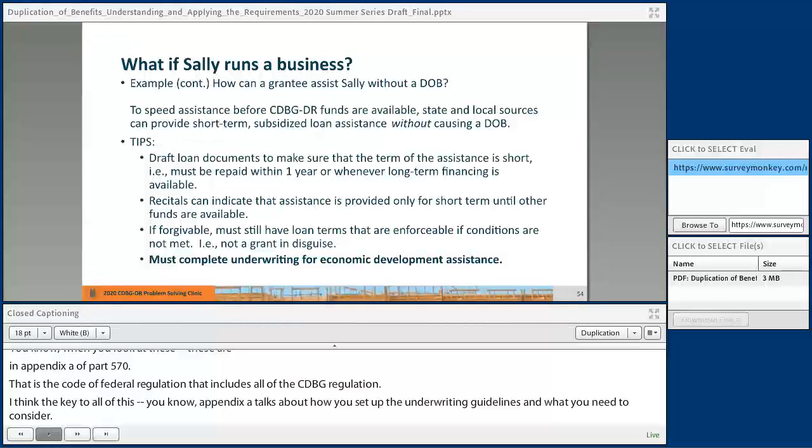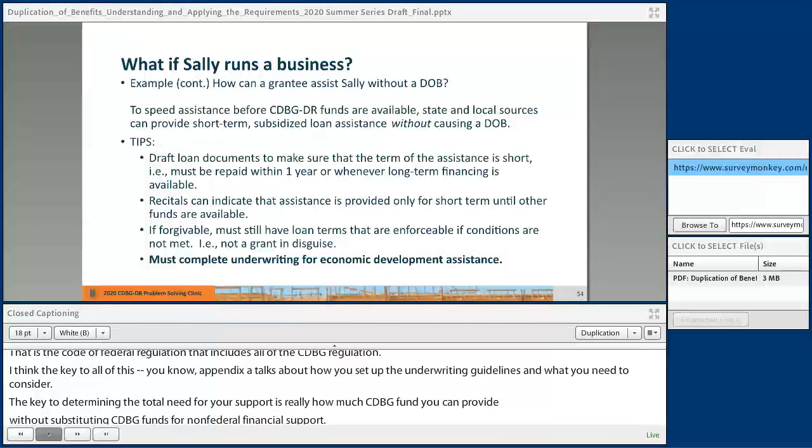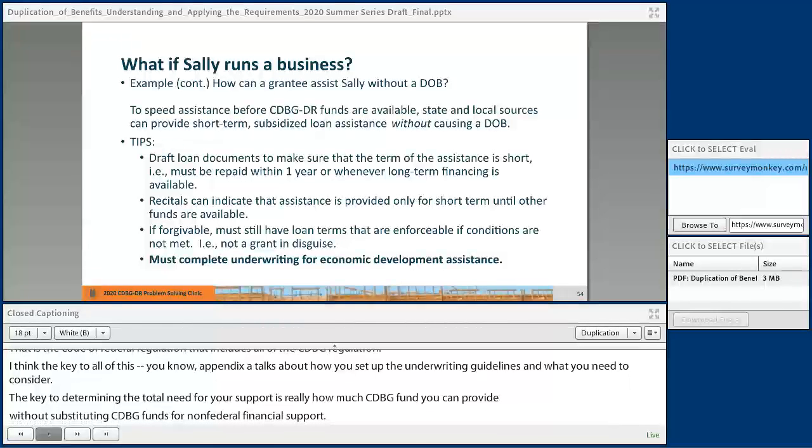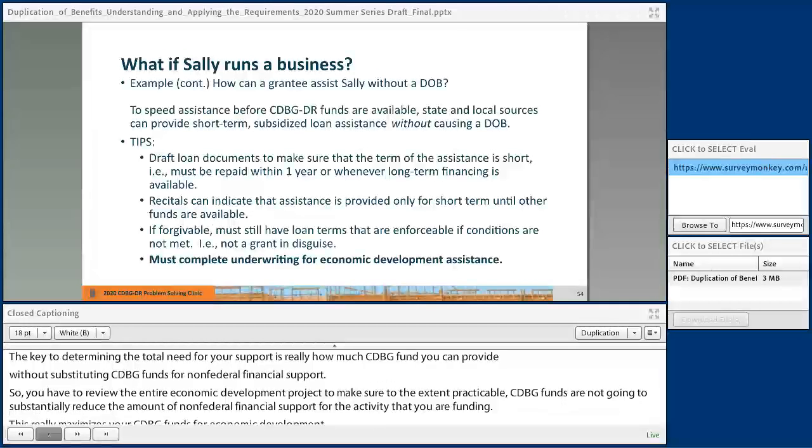So you have to review the entire economic development project to make sure that, to the extent practicable, CDBG funds are not going to substantially reduce the amount of non-federal financial support for the activity that you're funding. And this really maximizes your CDBG funds for economic development, but it also uses CDBG to fill gaps as opposed to just maximizing profit at exorbitant amounts.